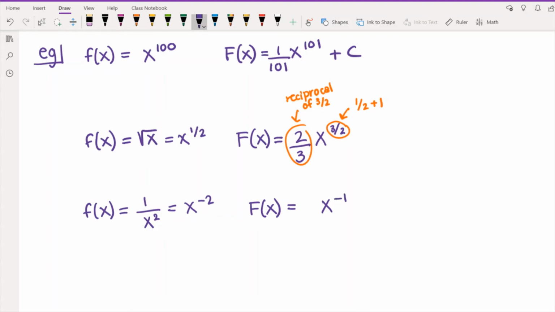That gives you negative 1. And then we don't really have to write anything here, but it's going to be the reciprocal of negative 1, or 1 over negative 1, which is negative 1. So I'll write that down, but then we can actually just write that as a negative sign. And then we have plus c. And I forgot plus c on the last one. I'm probably going to forget plus c on some of these, but you shouldn't.